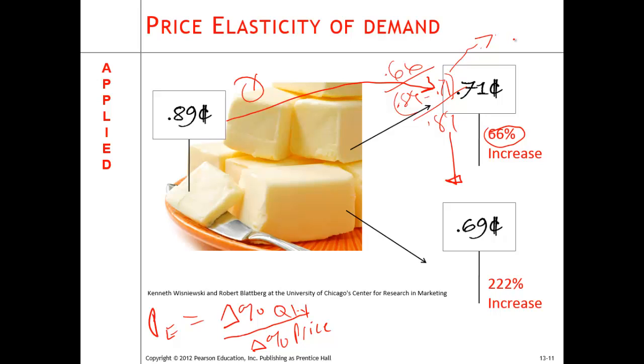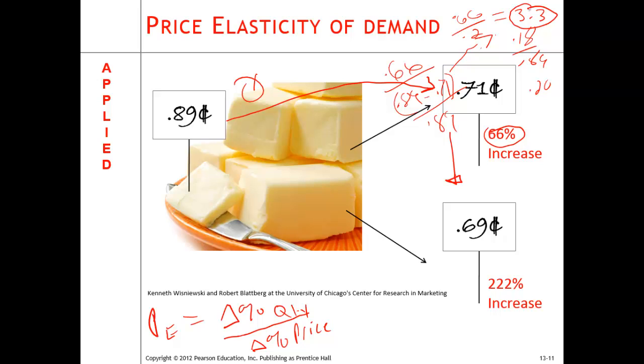This reduces down to 18 over 89, or a 20% price change. If we were then to divide 0.66 by 0.2, we would get an answer of approximately 3.3, which means that margarine is price elastic.